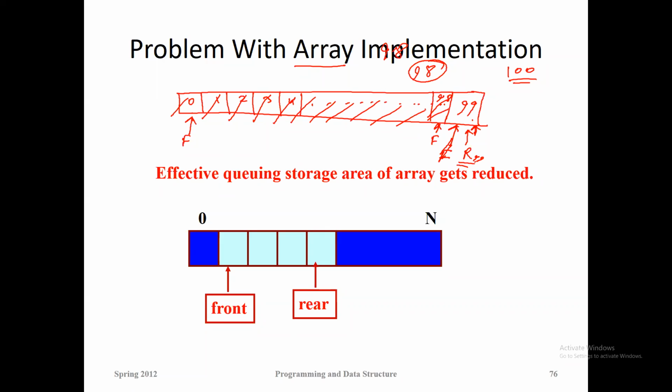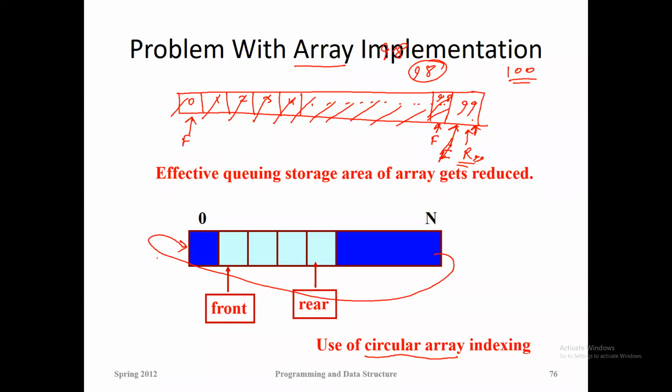That is the issue of array implementation. That can be solved to some extent using a circular linked list, where you can shift gradually from 100 to 0, 1, 2, 3, like this.